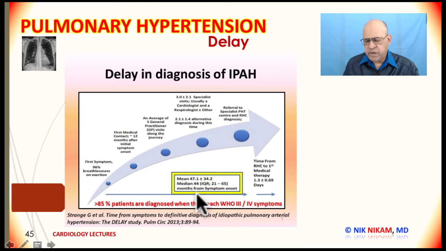It is important to pay attention to some of the findings we see on echocardiography. If there is no explanation for an elevated right heart pressure in patients with normal lung function and no evidence of heart disease, we should think about pulmonary arterial hypertension and look for any evidence to support that, and if necessary perform right heart catheterization to see if they indeed have pulmonary arterial hypertension and exclude any secondary causes such as left heart failure.